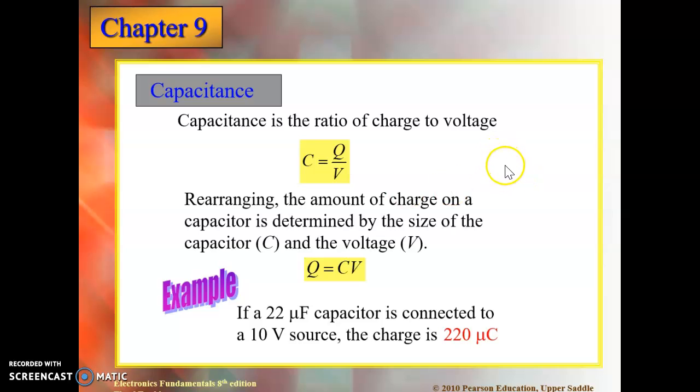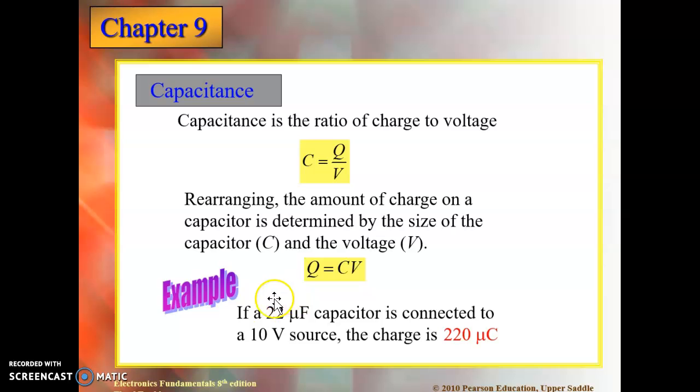Rearranging, the amount of charge on a capacitor is determined by the size of the capacitor and the voltage it can hold. Depending on how big the capacitor is and how much voltage it can hold, that tells me how many coulombs of charge it can keep.